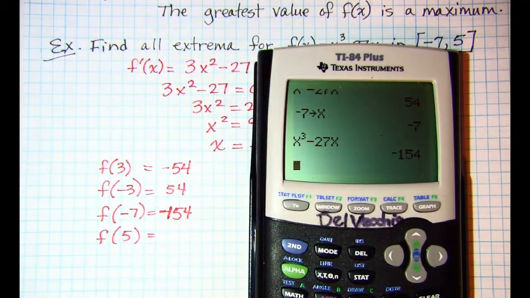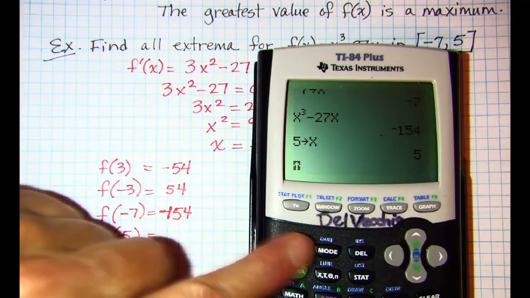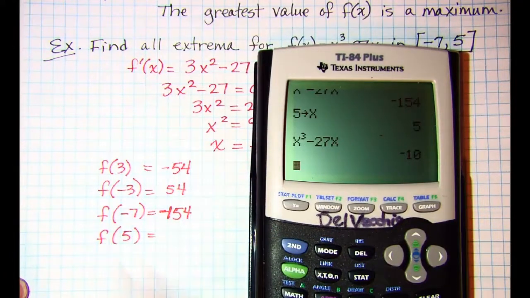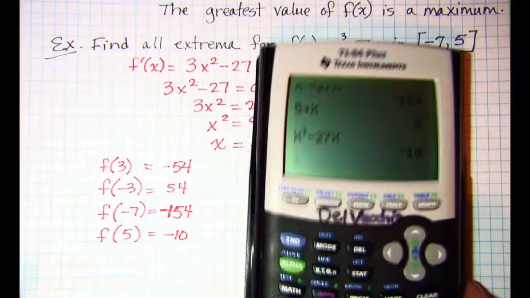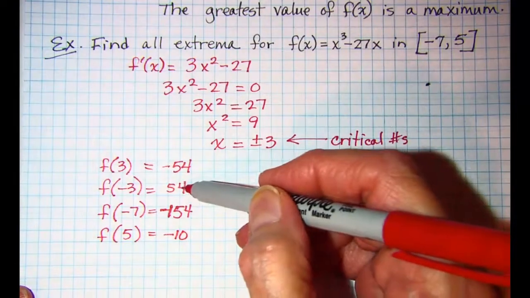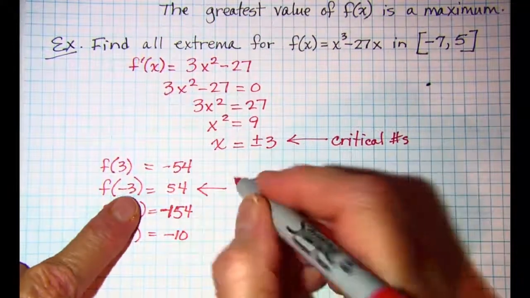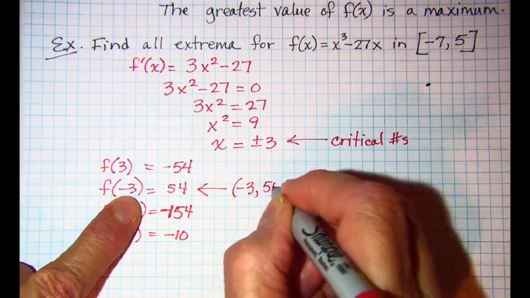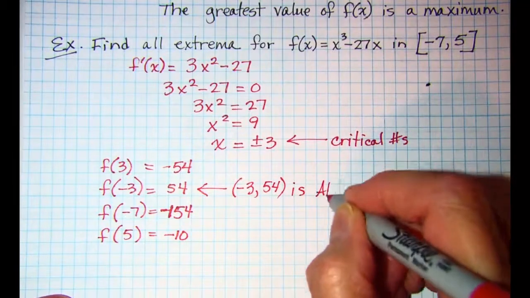And then let's store 5. And -10. This is my only positive value, so it looks like the point -3, 54 is an absolute max.